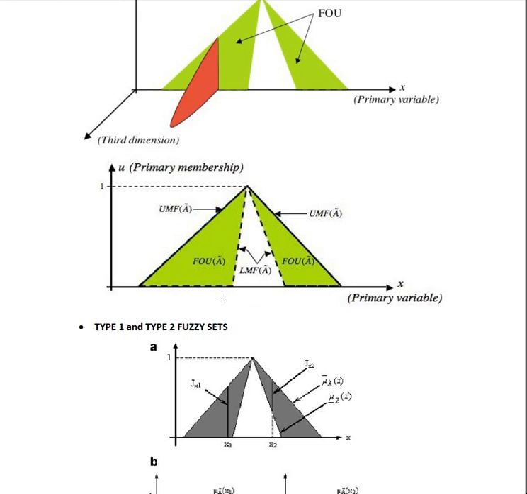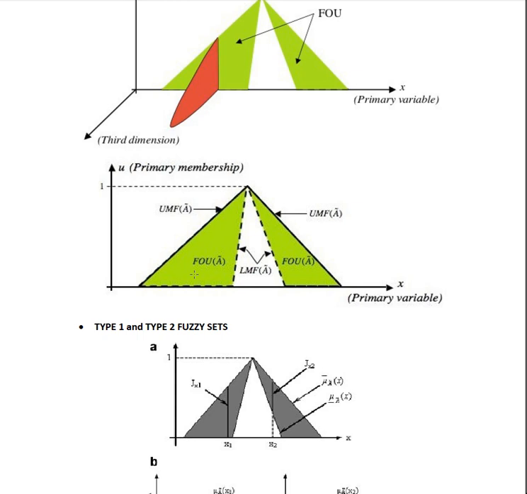So under these particular situations, the blurring that exists in type 1 can be taken into consideration under the type 2 fuzzy set, so that we can use mathematical functions to find out how that particular blurring can be determined exactly in the case of type 2.